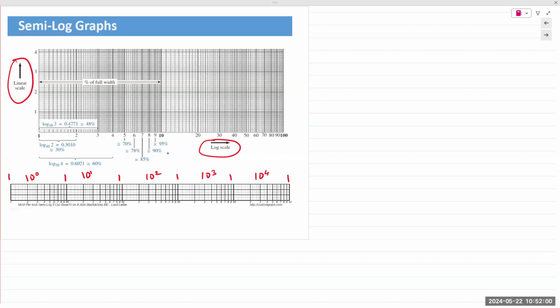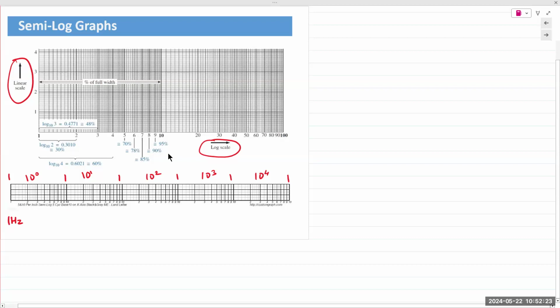And my division goes from 1 through 9. So my first division is 1 times 10 raised to 0. So 1 hertz. Second division is 2 times 10 raised to 0. So 2 hertz. 3, 4, 5, 6, 7, 8, 9. And then I begin again at 1.